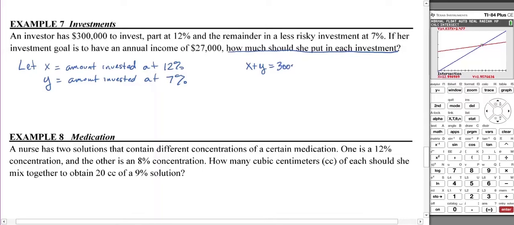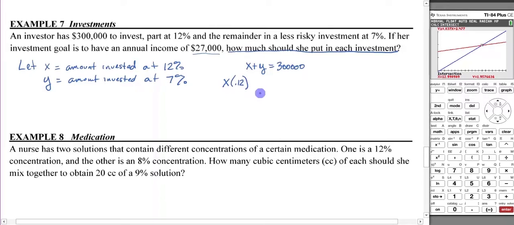And our second equation, we're talking about interest. She wants to get a total income of $27,000. So how much money is she making off of the first account? We know that she's making 12%, but what's the dollar amount that she's going to make from that? It would be however much she invested in that 12% account times 12%.